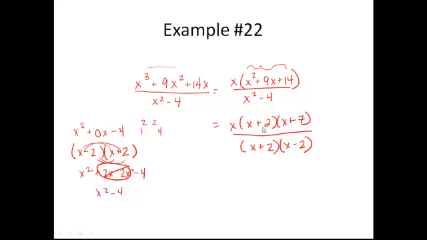We factored the top completely. We factored the bottom completely. Now what we can do is identify here is a grouping or a factor, here is a grouping and a factor that are exactly identical. These will cancel each other out to just be 1 over 1. So what you get is on the top x times x plus 7, all over x minus 2. Done!